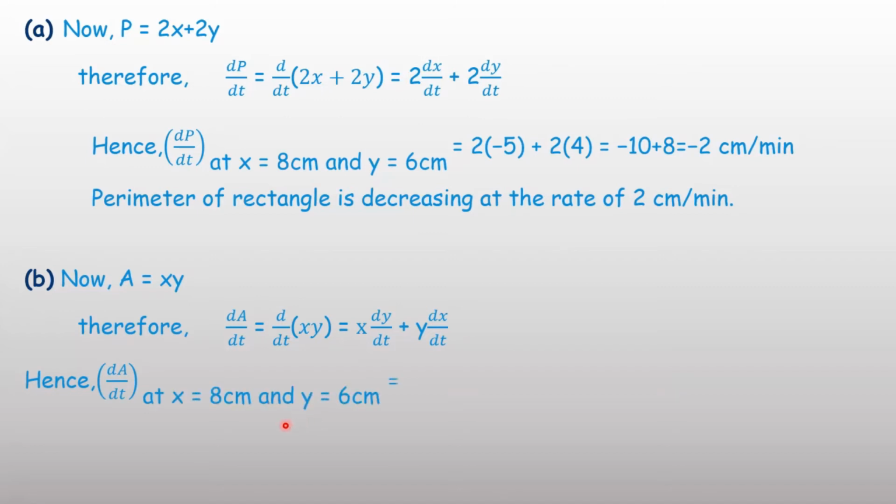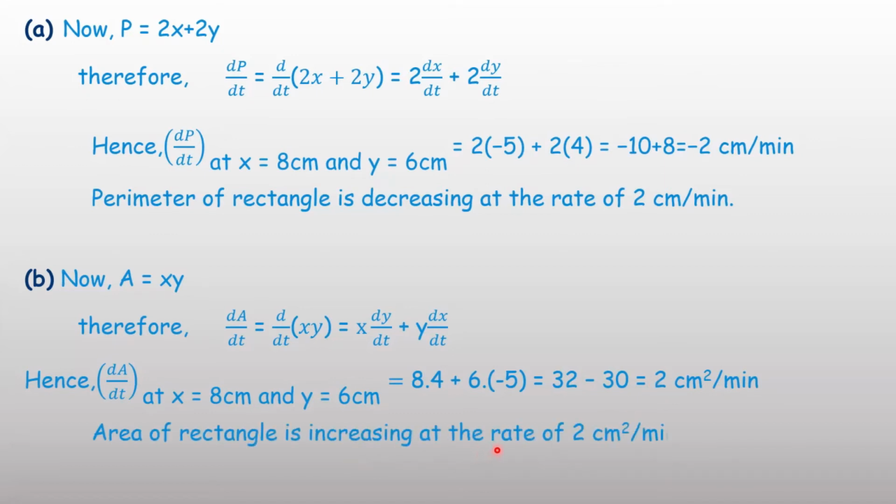Therefore, the rate of change of area at x equal to 8 and y equal to 6: put the value, in place of x 8, dy by dt 4, plus the value of y is 6 and dx by dt minus 5, equal to 2 centimeter square per minute, and since 2 centimeter square has a plus sign, plus means increasing. Therefore, the area of the rectangle is increasing at a rate of 2 centimeter square per minute when x equal to 8 centimeter and y equal to 6 centimeters.